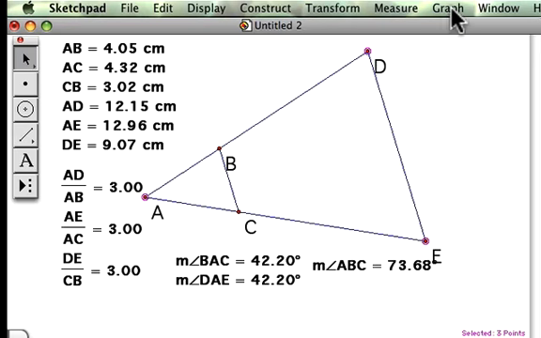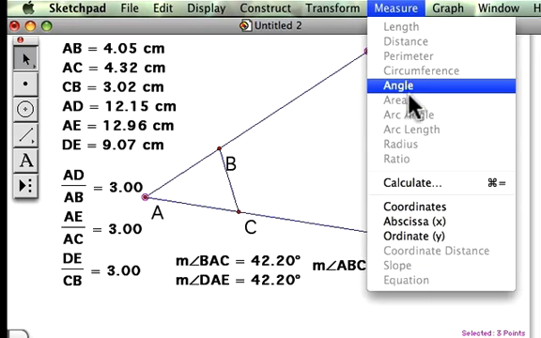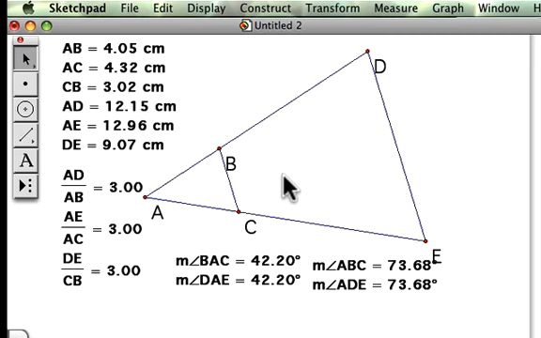So we expect these two to be equal. And the last set of corresponding angles are A, C, and B, and A, E, and D.